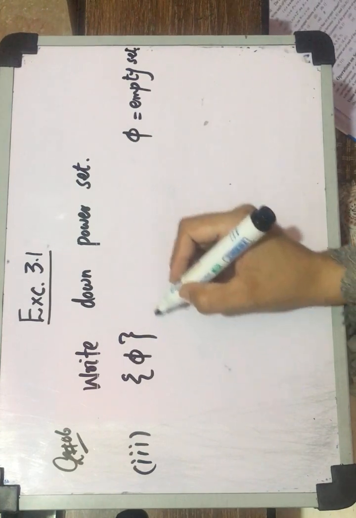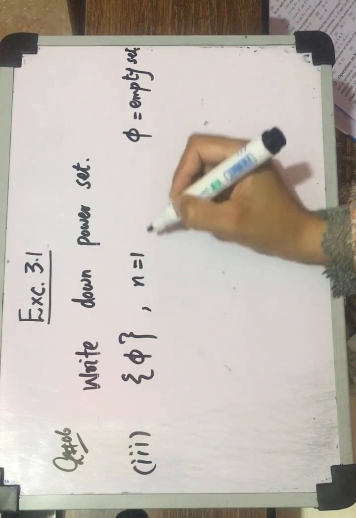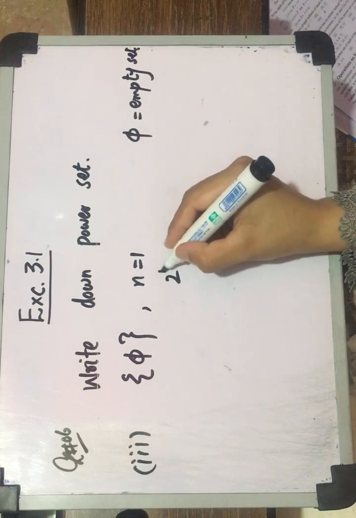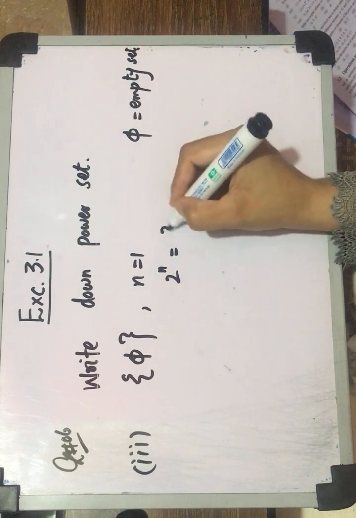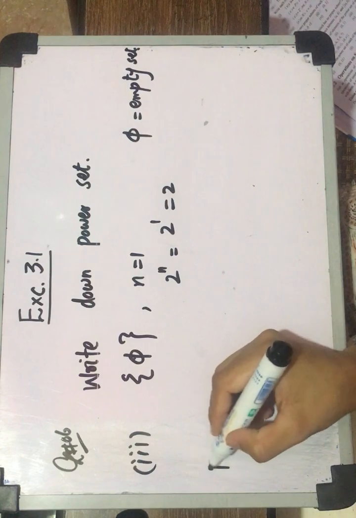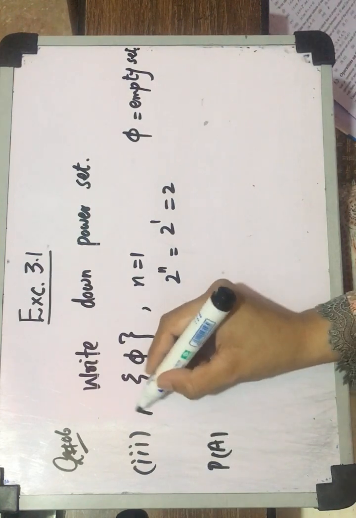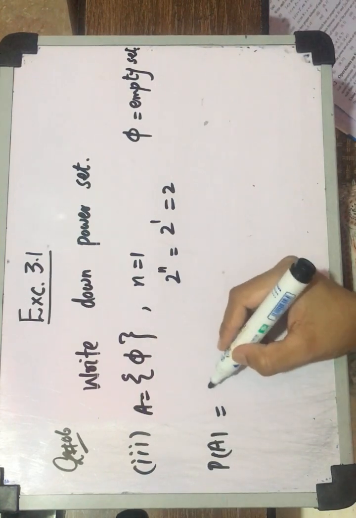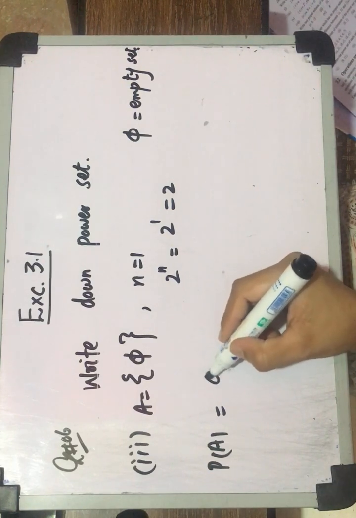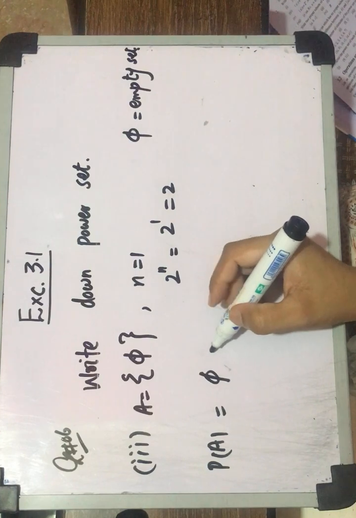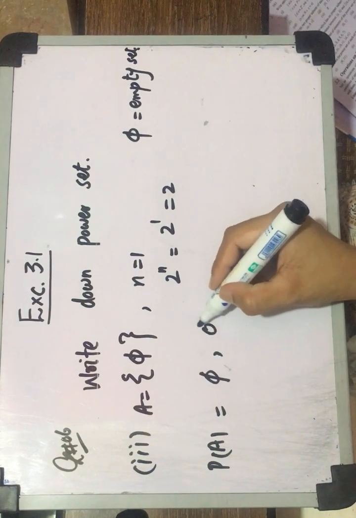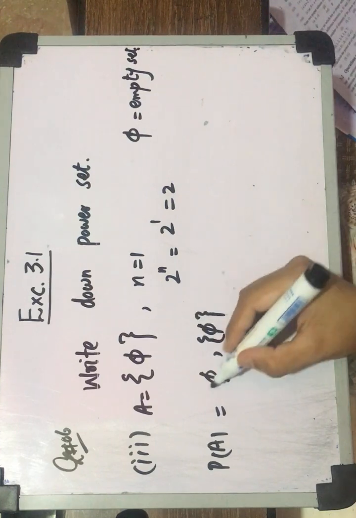Only one. So n is equal to 1, and we have 2 raised to power n. 2 raised to power 1 is equal to 2. It means 2 will be the number of power sets of this set. The power set of A is equal to: the first one is an empty set, and then this whole is an empty set.